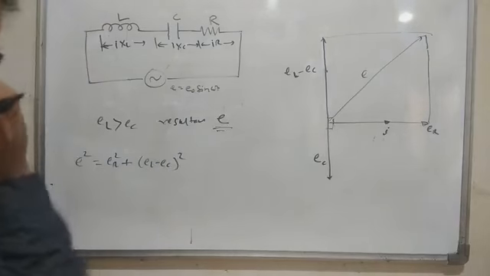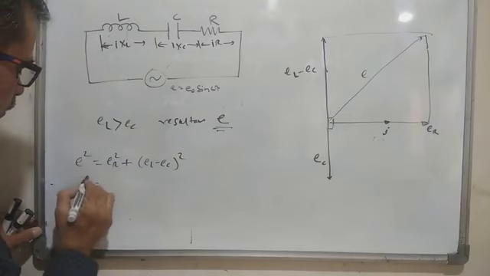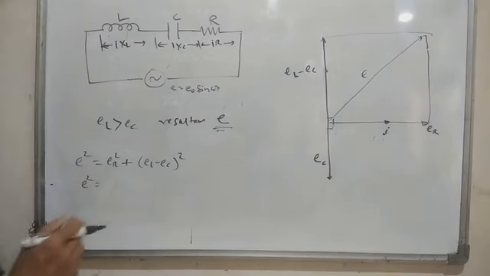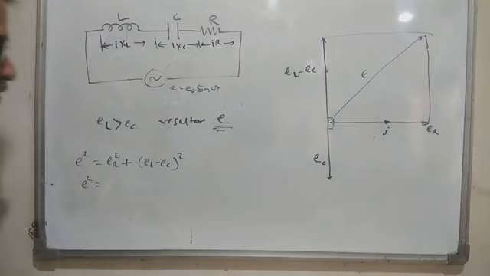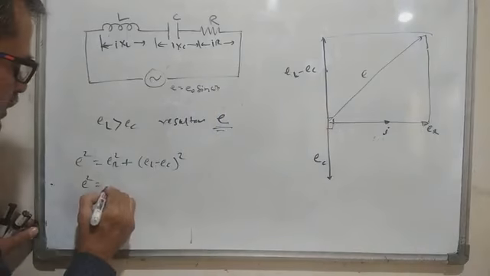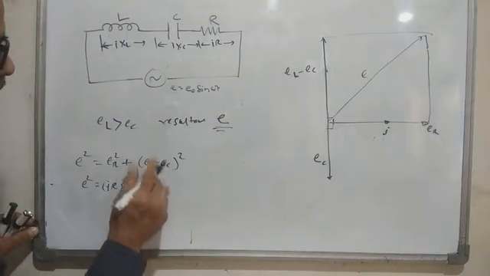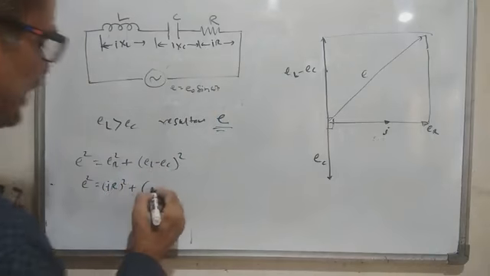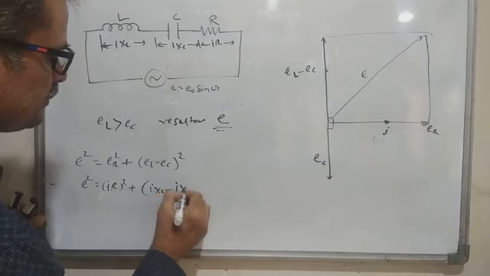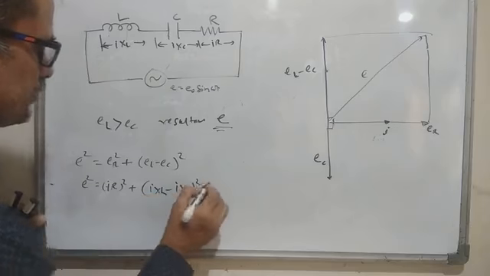Now E will be equal to what? E will be I into R. So I R square plus, I will replace EL with I into XL minus I into XC, whole square.